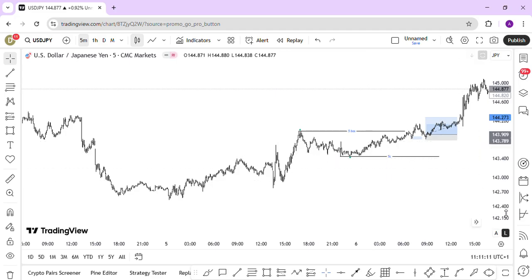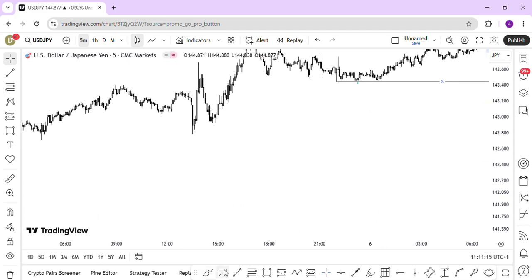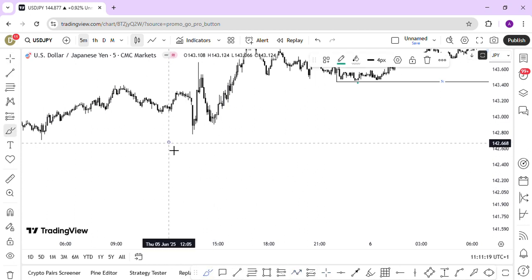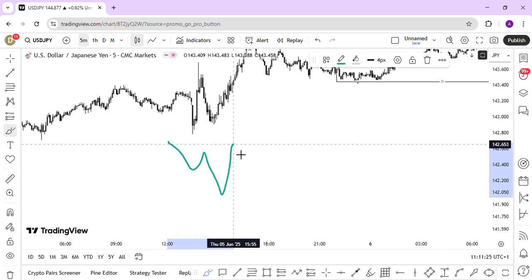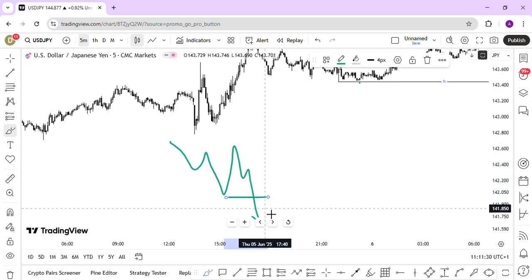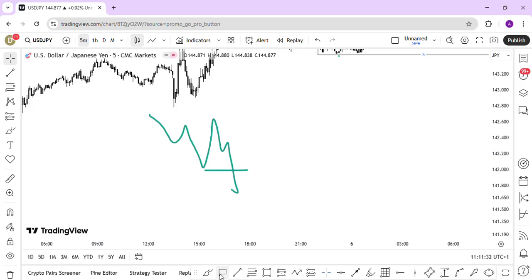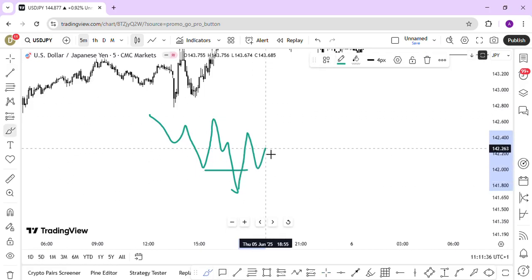So what I do is I start marking my structure. I want to see a situation whereby the market was giving us a structure, a break of structure, and I want to see where the market will change character or continue the structure.